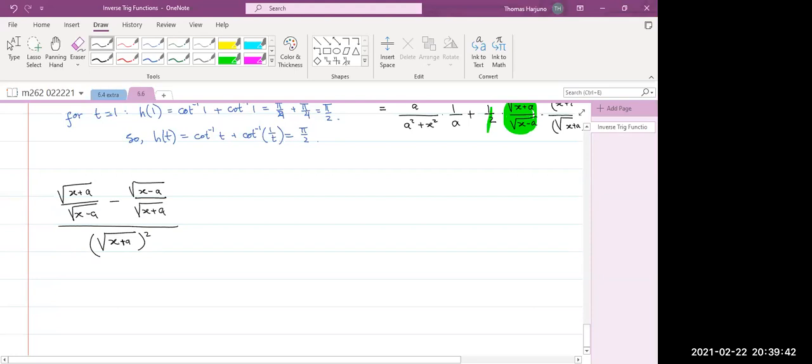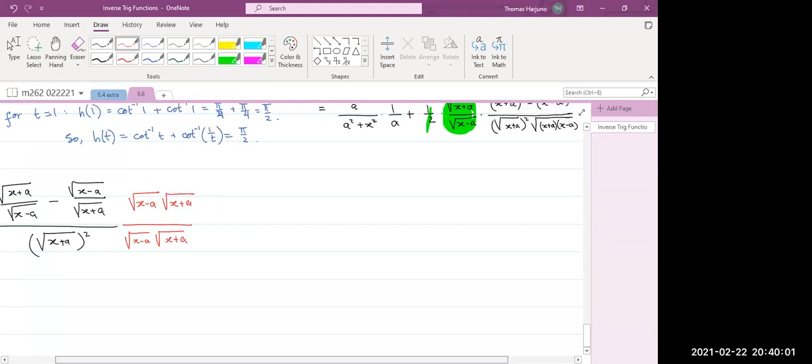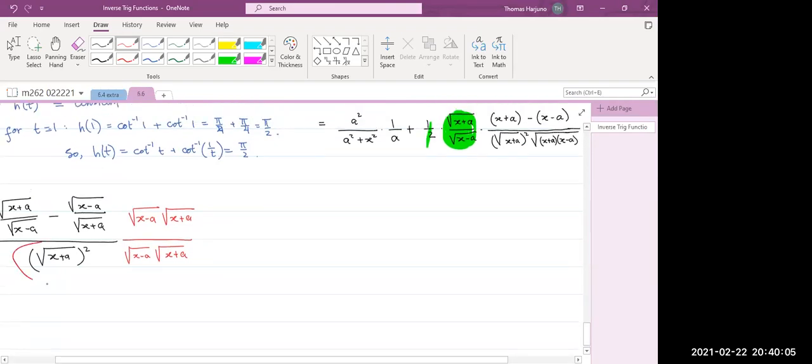Yes, that's what it looks like. Now, what I did was I multiplied by the LCD, square root of x minus a, square root of x plus a. That's why the bottom looks like that. You see the bottom here? That's what I have here.